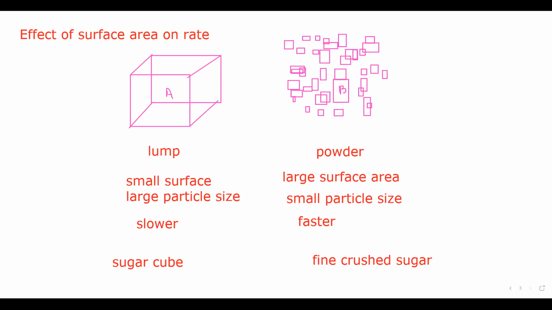The fine sugar will dissolve faster because it has a large surface area, so it will easily dissolve as compared to sugar cubes. So what is the effect of surface area? If we increase the surface area or decrease the particle size, the rate of the reaction will increase.